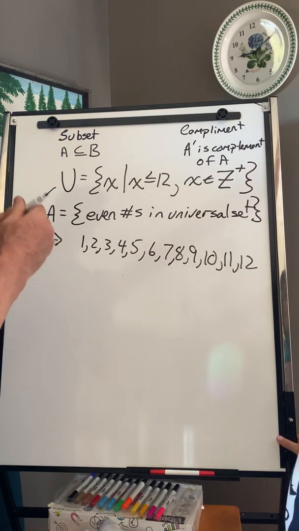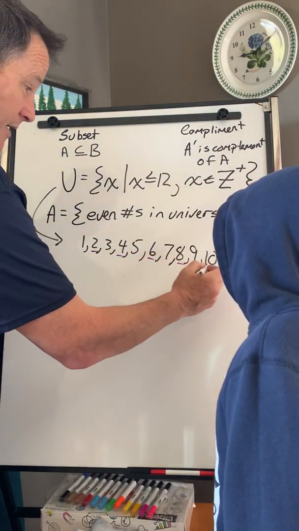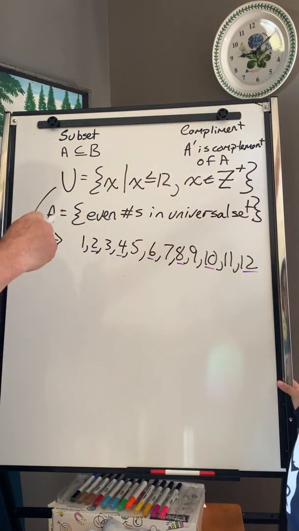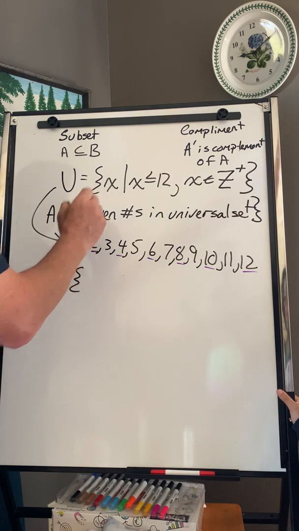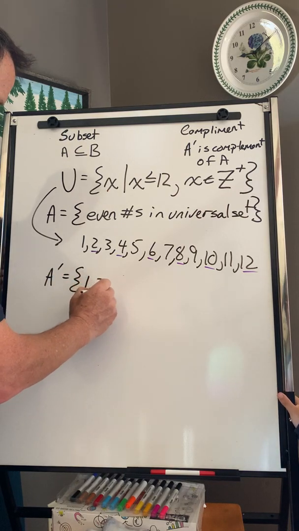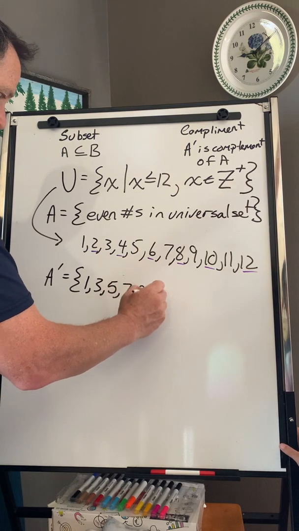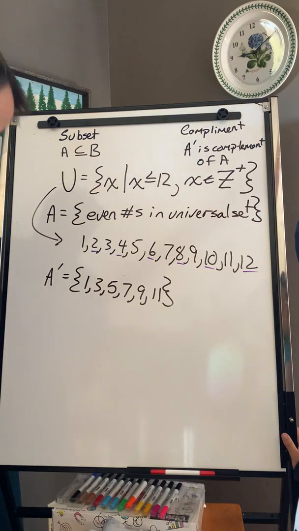A is all the even numbers: 2, 4, 6, 8, 10, 12. So the complement is everything that's not in A: 1, 3, 5, 7, 9, and 11. You got it. So that's the complement of A.